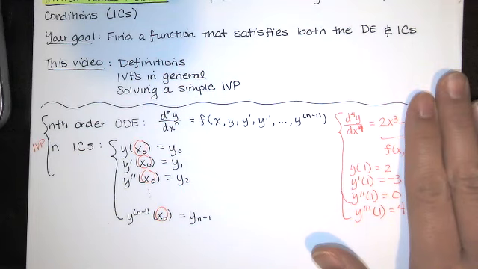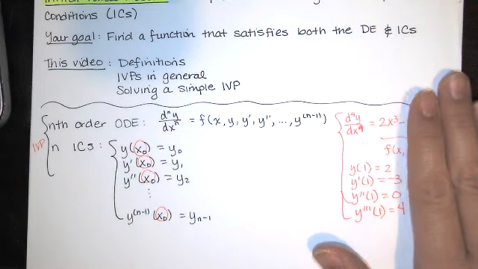And every time I anti-differentiate, I'll get a constant of integration. So it would make sense that I'd get 4 arbitrary constants in it, like I mentioned earlier. Because I had to anti-differentiate 4 times, now I've got these 4 constants.